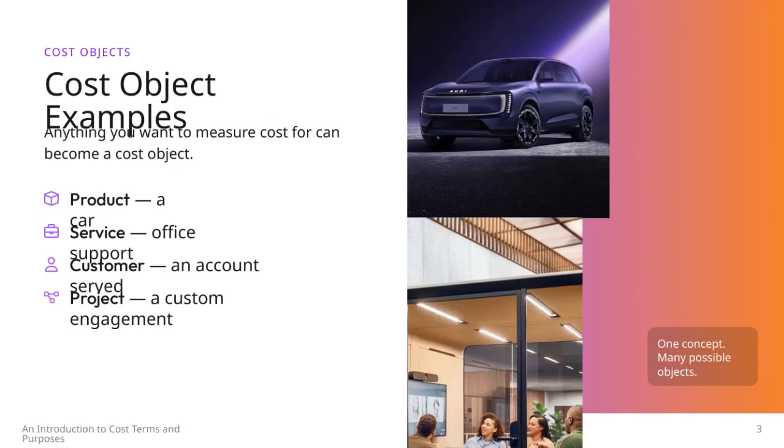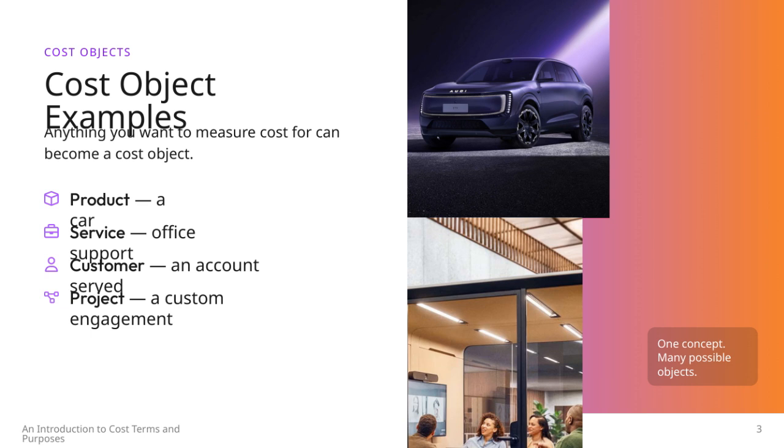When we talk about cost objects, we're referring to anything you want to measure costs for. This means cost objects can take many forms depending on your focus. For example, it could be a product like a car, where you want to track all the costs involved in manufacturing it. It could also be a service, such as office support, where you're measuring the costs associated with providing that service.